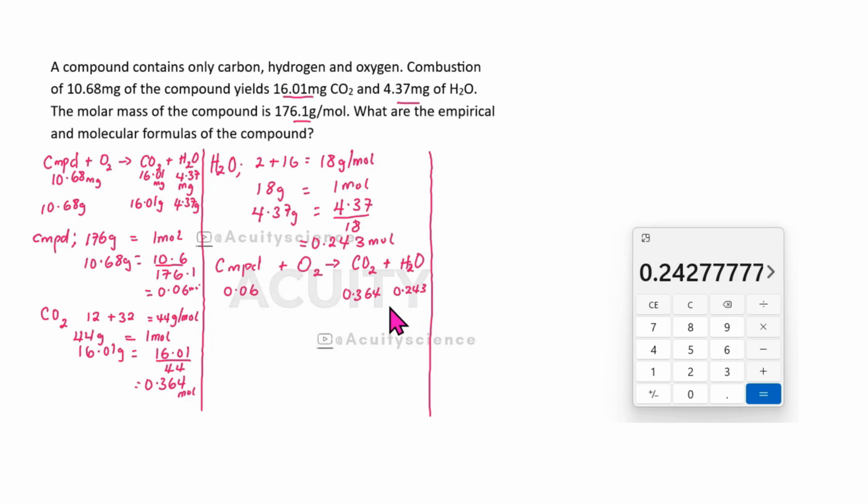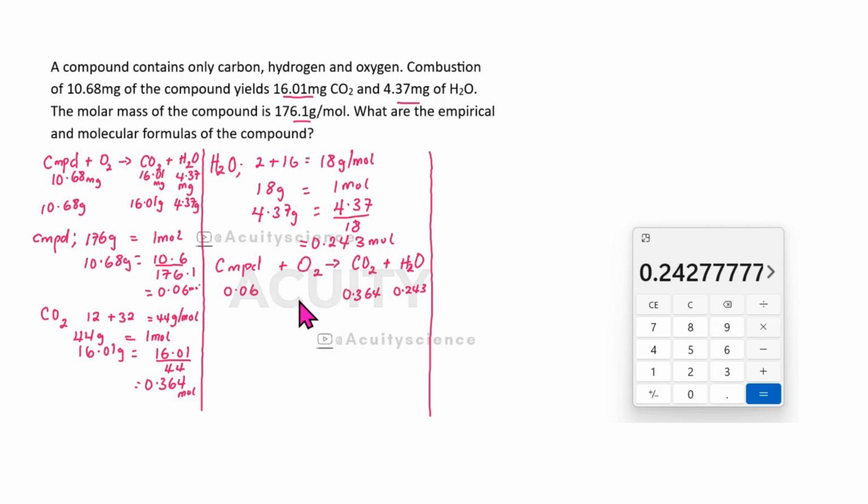Now if we divide through by the lowest number, 0.06, you know, these are already a ratio, but we're having decimals, which is not very comfortable.